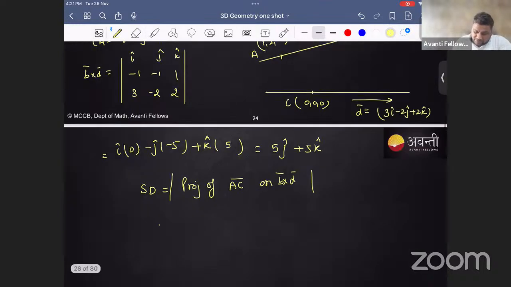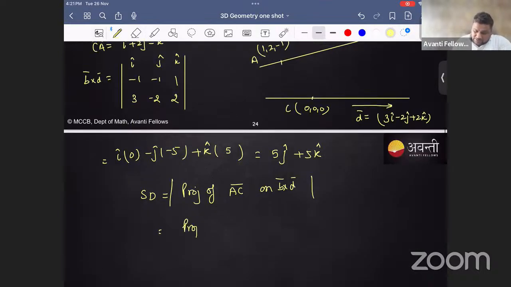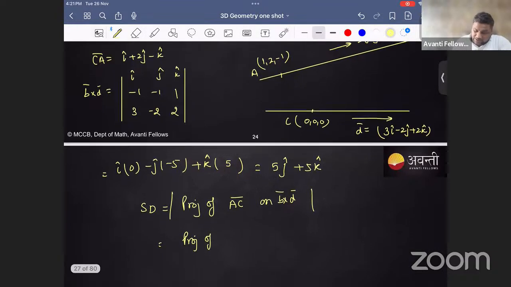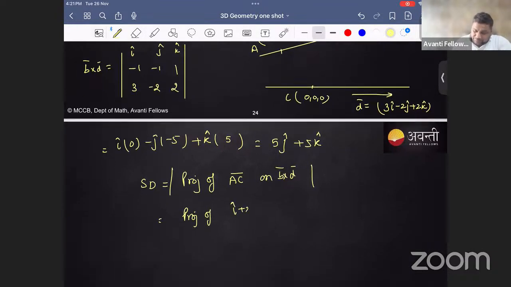Now shortest distance will be projection of AC or CA on B cross D, and find the magnitude of that. That is projection of i cap plus 2j cap minus k cap on j cap plus k cap. You don't have to write 5 here, because even if you write it, it will cancel out from the denominator.